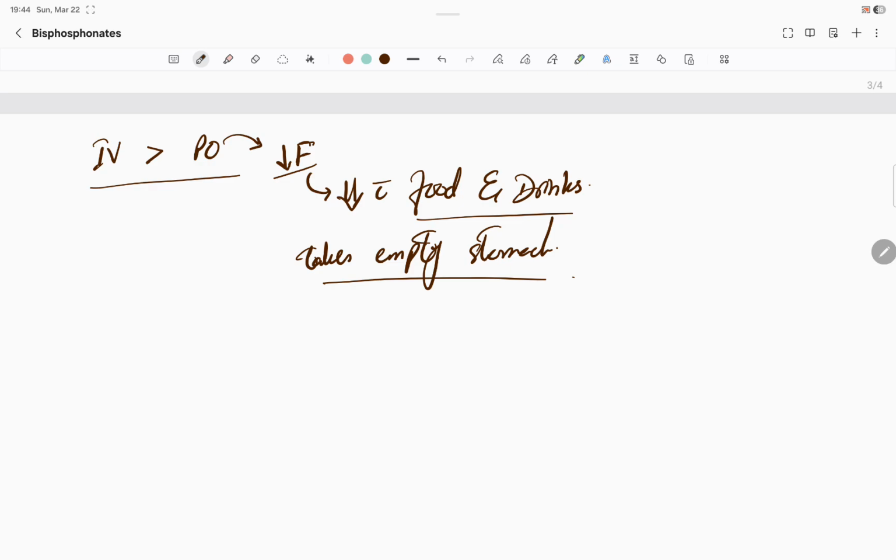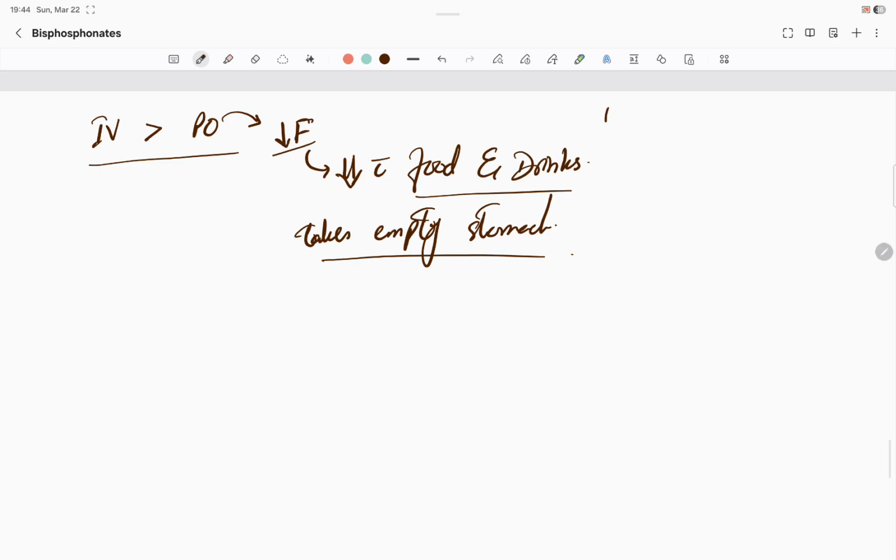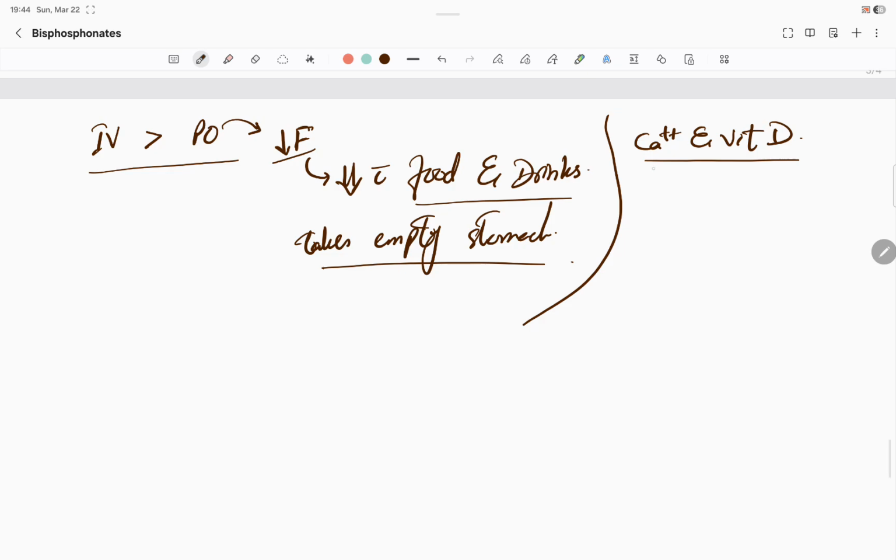There is one point we will discuss in detail later on in this video, but I will just tell you about that. Some of the patients need calcium and vitamin D during the treatment, okay. So if the patient is given calcium and vitamin D supplements, then these should be taken at a different time from the bisphosphonates, okay. Why?